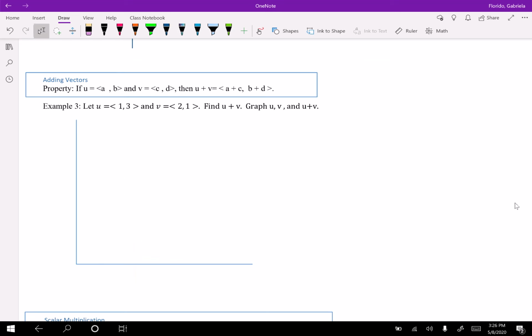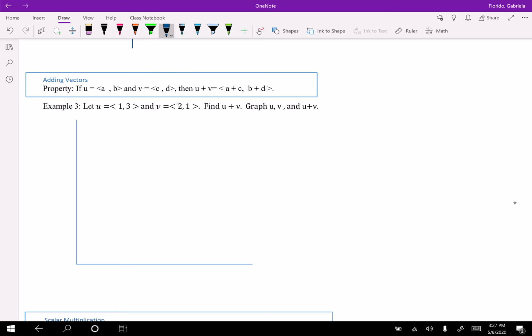Let's talk a little bit about how we would be adding vectors, because again, the notation is a little bit different. And so here's the property. If vector u is equal to a comma b, and vector v is equal to c comma d, then the vectors u plus v is equal to a plus c comma b plus d.